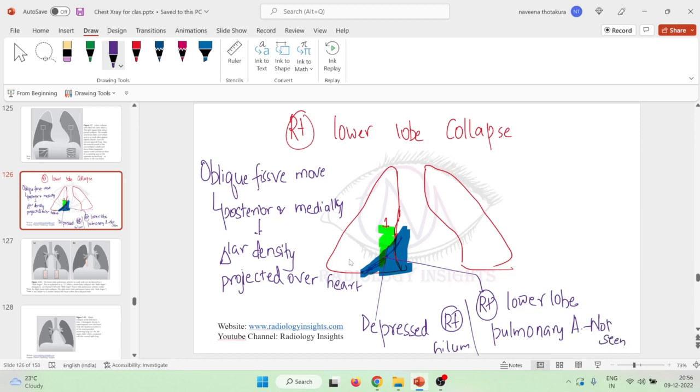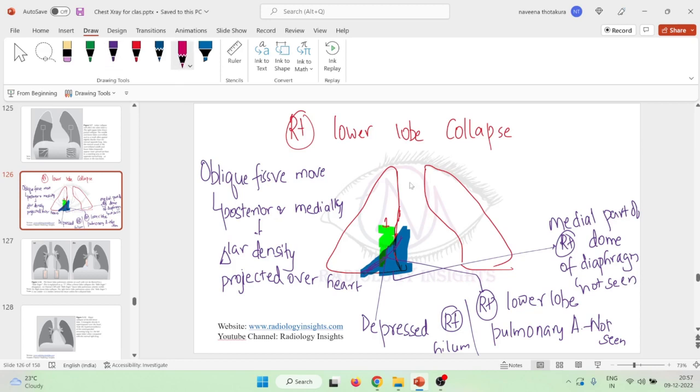Similarly, the medial part of the right dome of diaphragm is also not visible. Then, here you will have the vertebrae also.